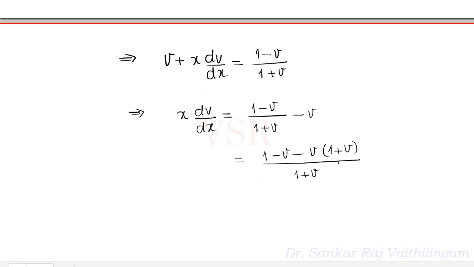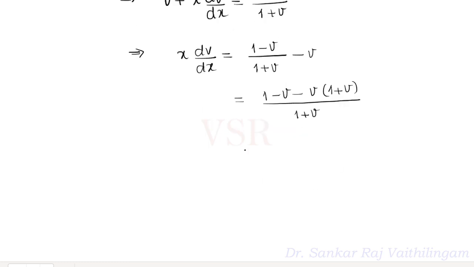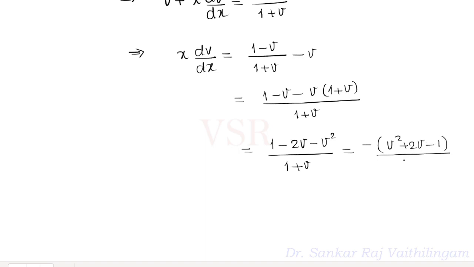Okay, so what you are getting is 1 minus v minus v minus v square divided by 1 plus v. Taking a common minus, we will have v square plus 2v minus 1 divided by 1 plus v.